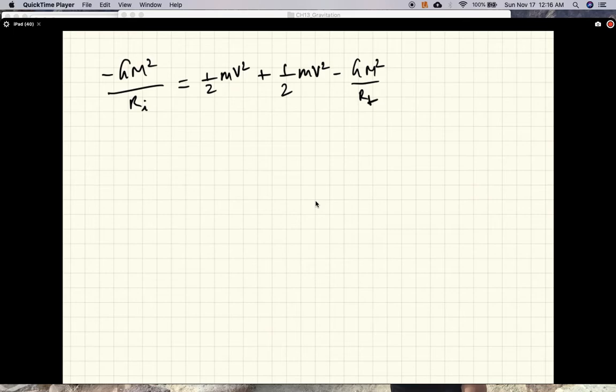Okay, r initial, of course, the center to center distance was 15 centimeters. R final is when they touch each other, their distance between the centers is twice the radius, which is 10.2 centimeters.